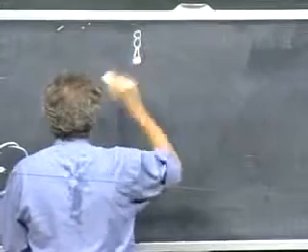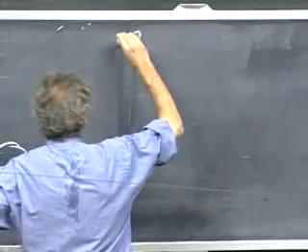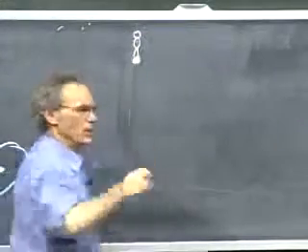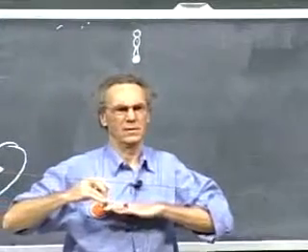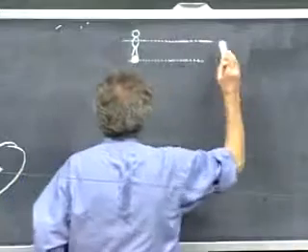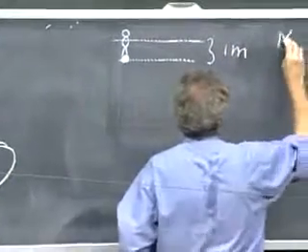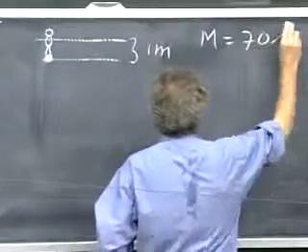This is the rope. And let the center of mass of the rope walker be right here, somewhere here. And the distance between the center of mass and the rope, let that distance be 1 meter, and let the mass of the rope walker be 70 kilograms.